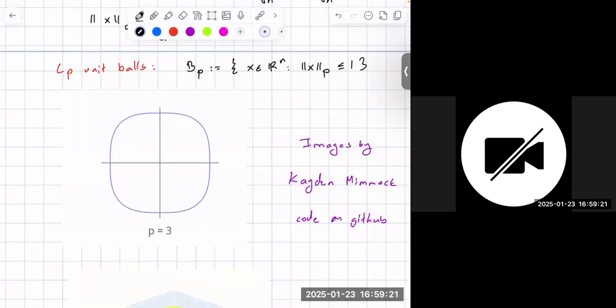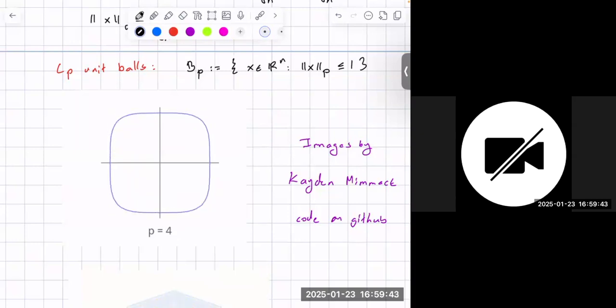This is some code by this person, Caden Mimak, on GitHub. The work is on writing some code that will visualize unit balls for these p norms. What's a unit ball? Look at all vectors x that have norm at most one.